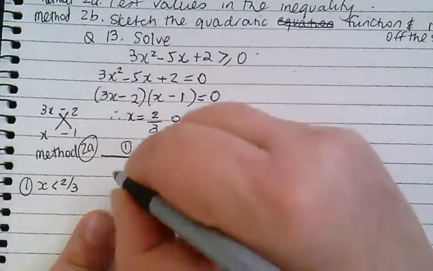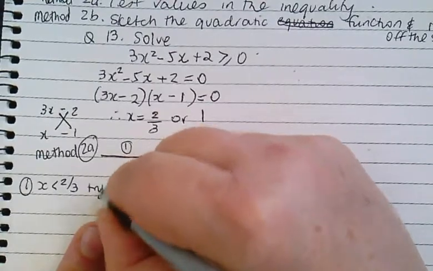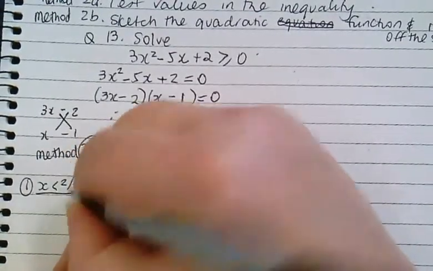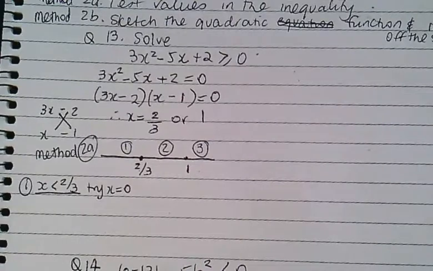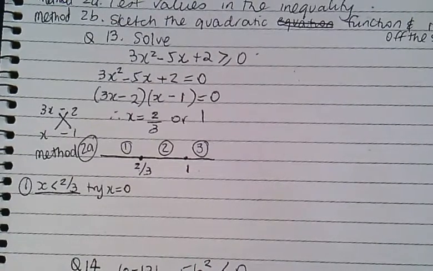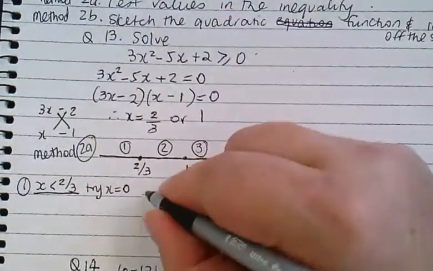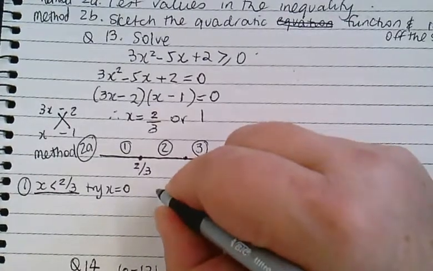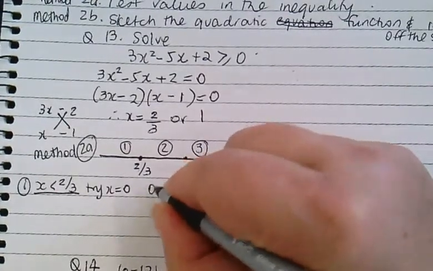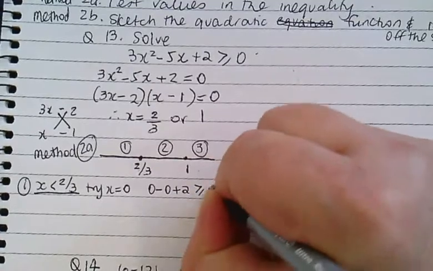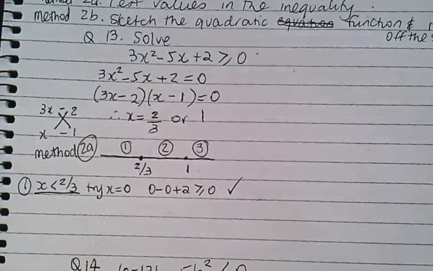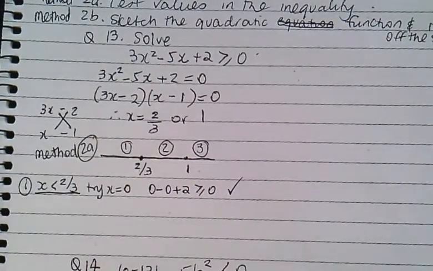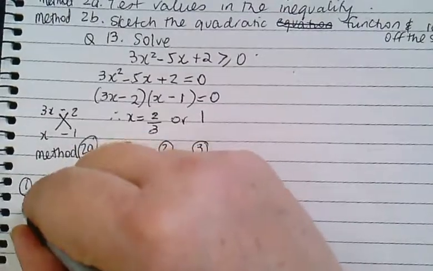That works. So first region is for values of x less than 2/3. I pick an easy value like x is 0. I substitute it into my inequality, and I get 0 minus 0 plus 2 is greater than or equal to 0. That is true. So therefore, x is less than 2/3 is one of my solutions.